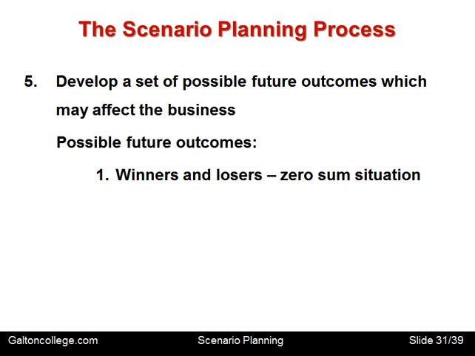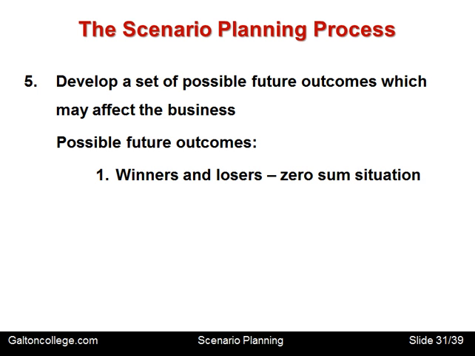So look at it in the context of that. It's possible that a scenario arises where the company loses, but another company may win. So if it's a competitive situation, we're talking about market share. If one company within the industry loses market share, then another company in the industry must gain market share.